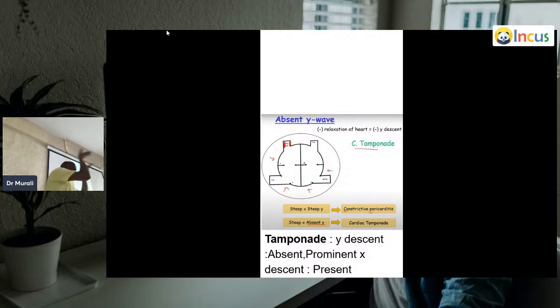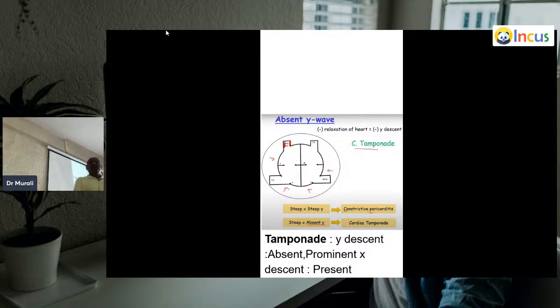But if the ventricle is collapsing during diastole, the atrium cannot push the blood into it. And because of that, what will happen? Again, the atrium will get full with blood and the pressure in the atrium remains like that without falling down. That is the reason the Y descent is absent.